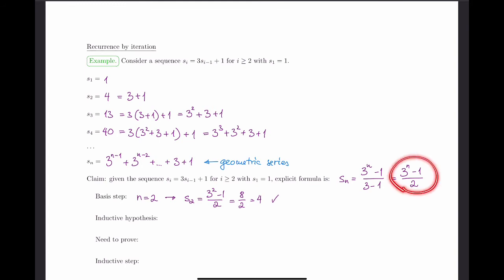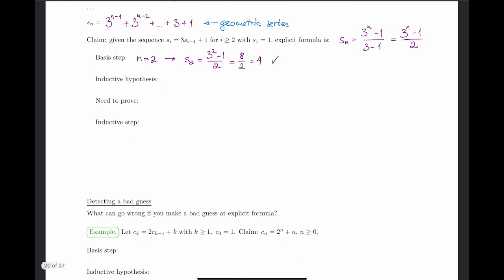The number produced by this formula is the same as the number that was produced by the recurrence to begin with. For our inductive hypothesis, as usual, we assume that whatever we want to prove holds for k. So s sub k is equal to 3 to the power k minus 1 over 2 for k above the basis case, so greater or equal than 2.